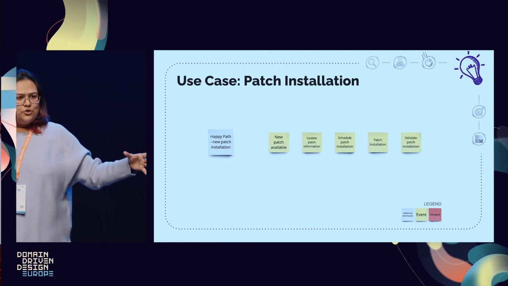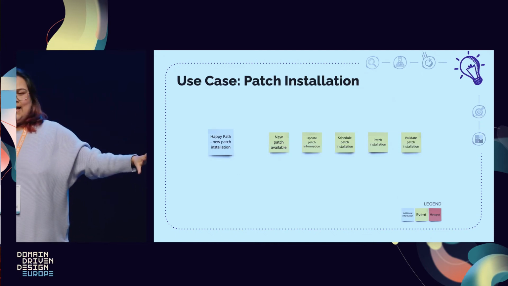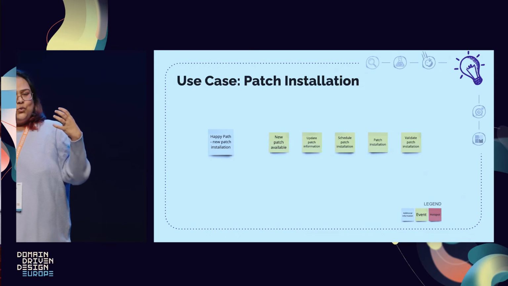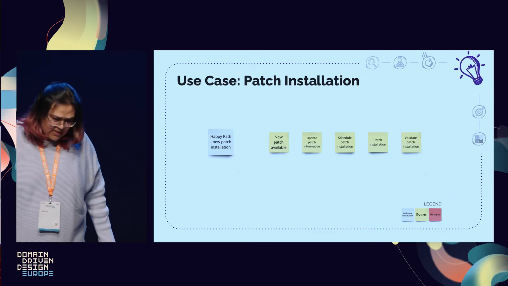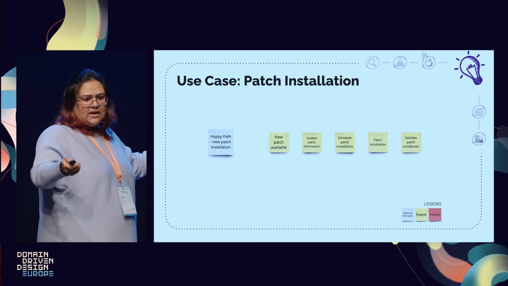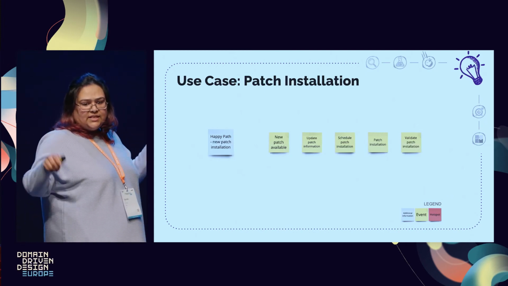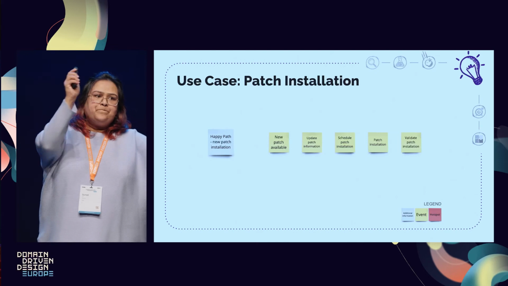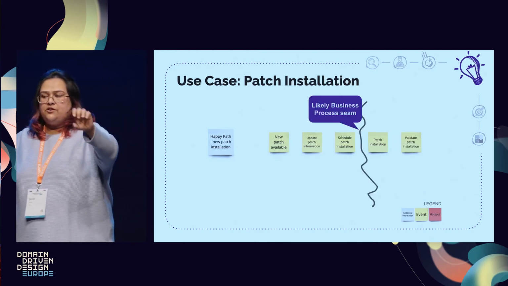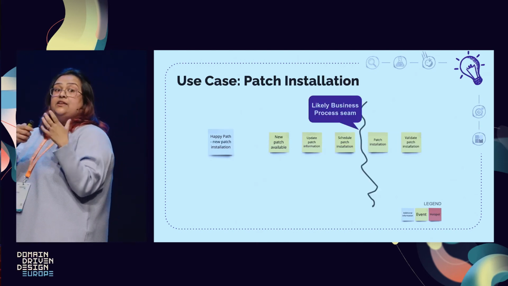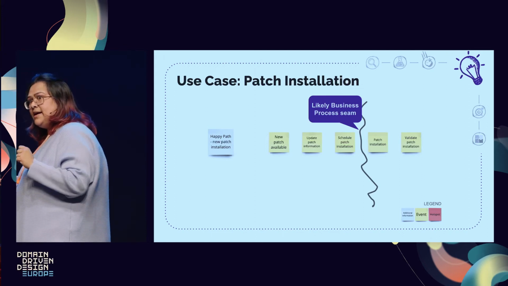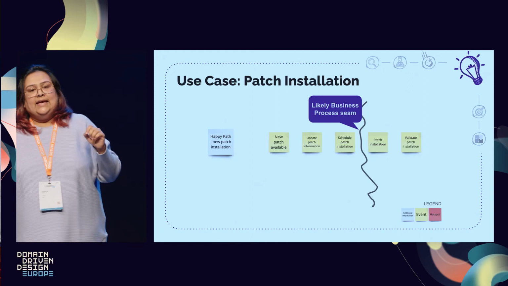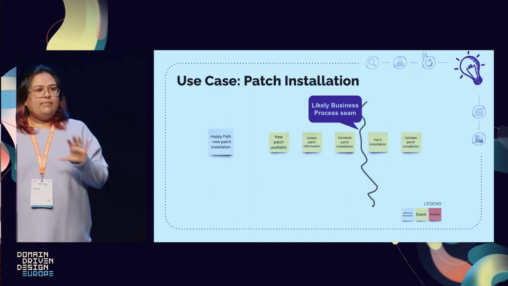It'll give us all of those process seams, time seams, handoff seams, and we'll really have an output that we could use. So if you are able to read what's on the sticky notes, it's pretty simple. It looks at the availability of a patch, updating the information that a patch is available, planning for installing the patch, and then testing that the patch is all working fine.